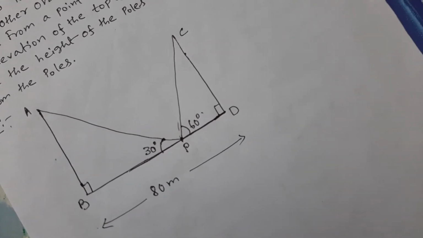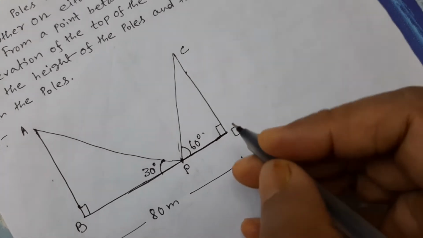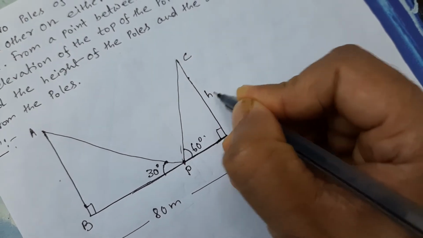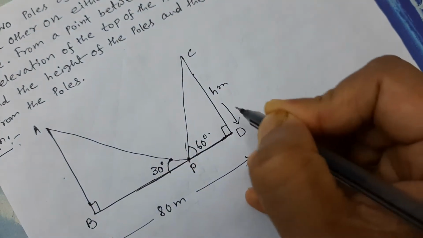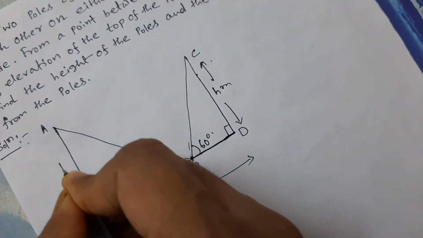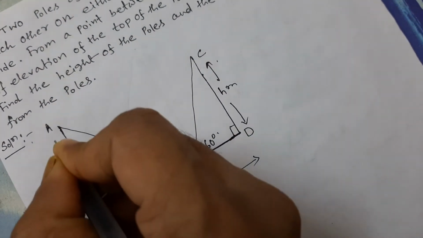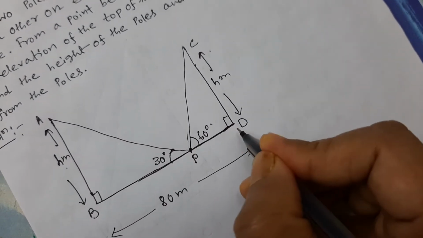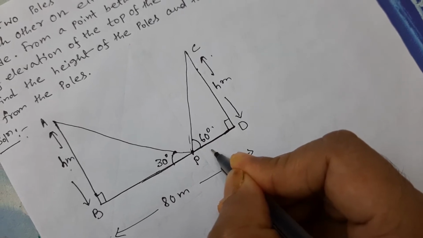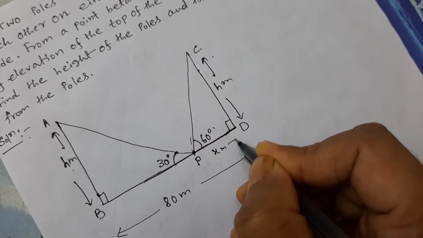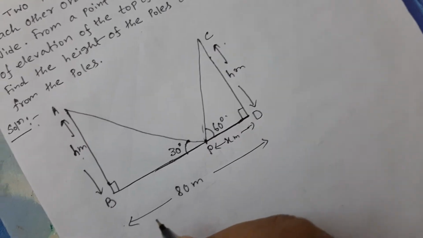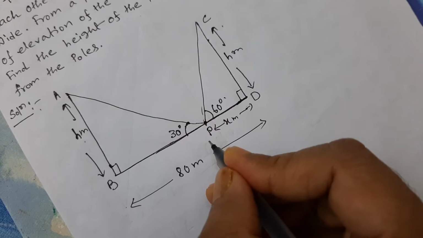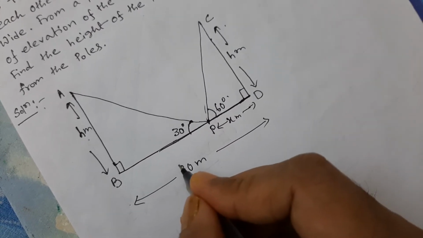Now let the two poles be of equal length, suppose h meter. This is h and this is also h. Let PD be x meter, so BP is 80 minus x, since the total is 80.